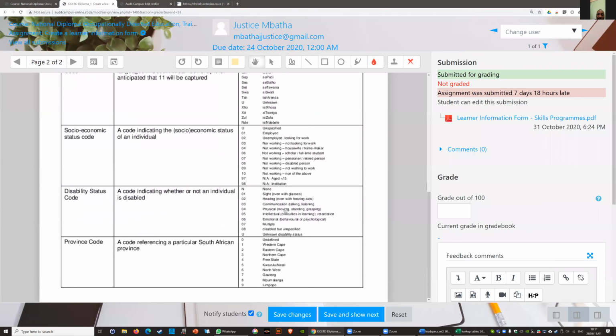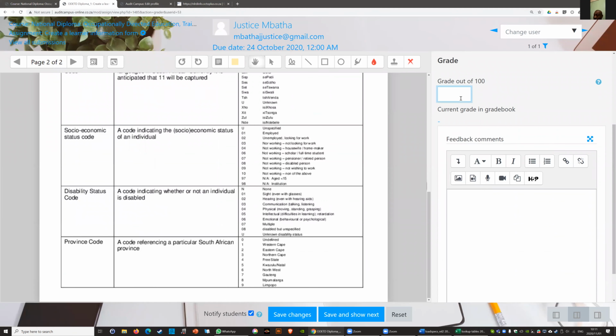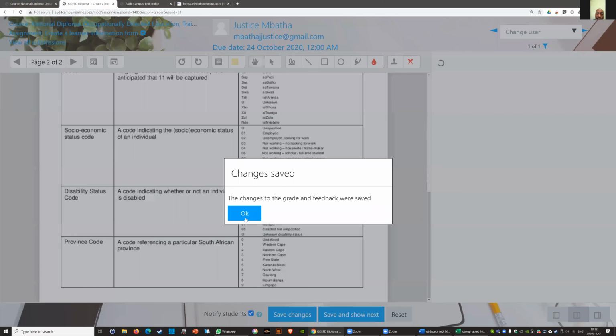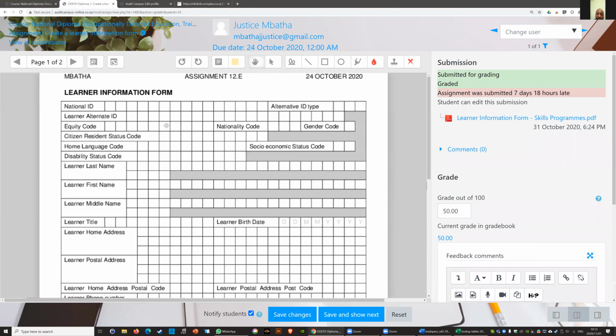There we go. The disability status code. Oh, okay, okay. Okay, so that's the first bit of work that I want you to focus on.